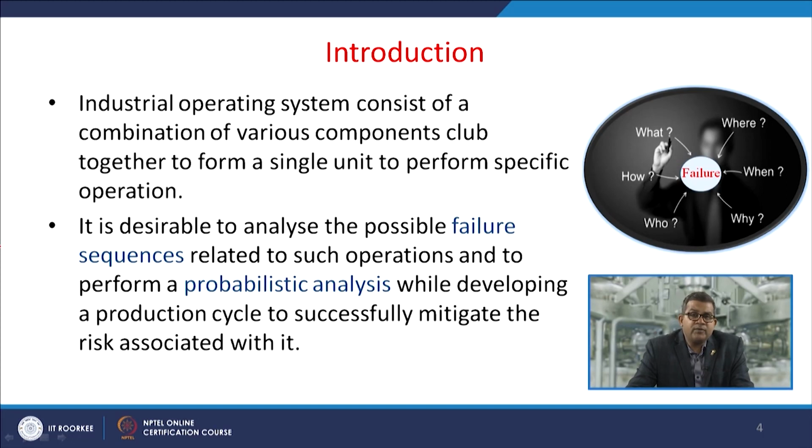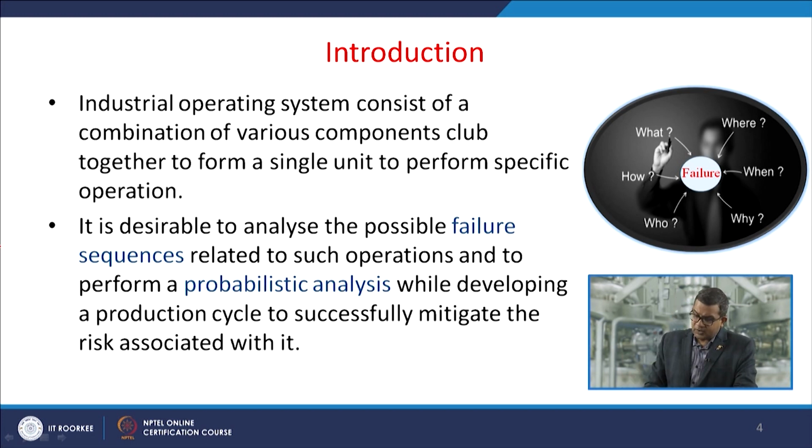So, once we have the different units, it is desirable to analyze the possible failure sequences related to such operations, and we need to perform a probabilistic analysis while developing a production cycle to successfully mitigate any kind of risk associated with it.